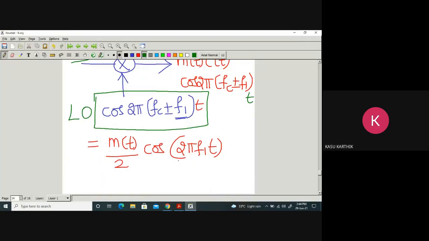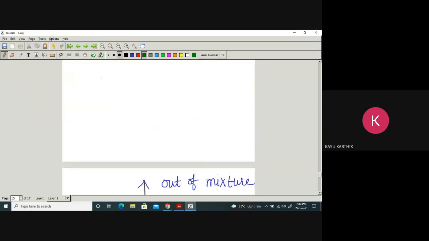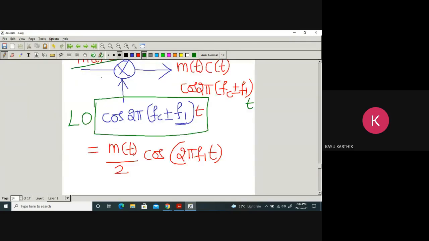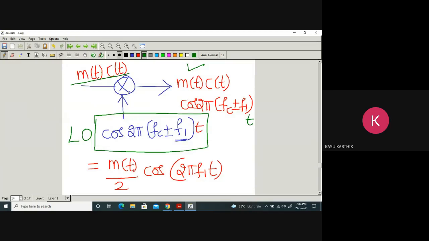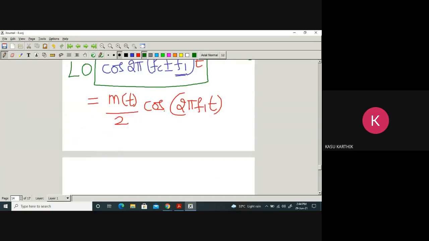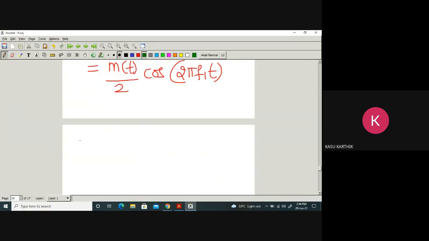So what happened here? What is the input of the mixer and what is the output? The input to the mixer is M of t into C of t, where C of t is cos 2 pi fct.